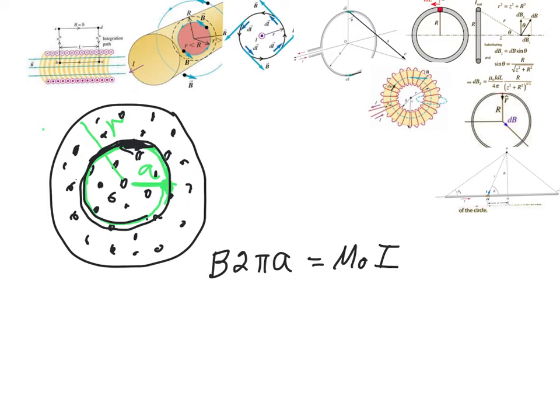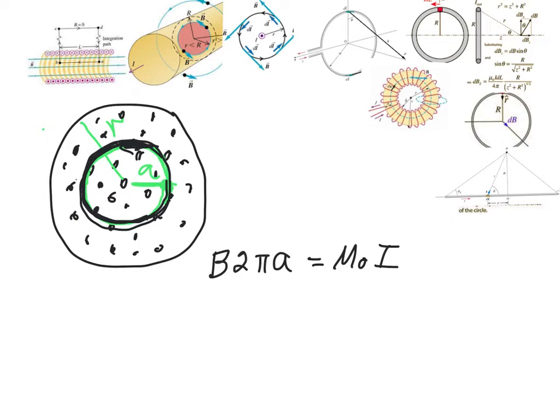But the amount of I enclosed is not all the I. Whatever the I is, it's going to be some fraction of the I. So what fraction? If I'm halfway in, is it going to be half the current? The answer is no. It's a fraction of the cross-sectional areas.